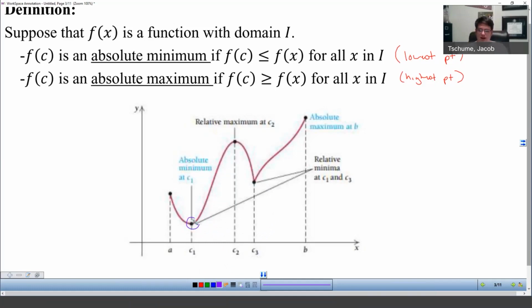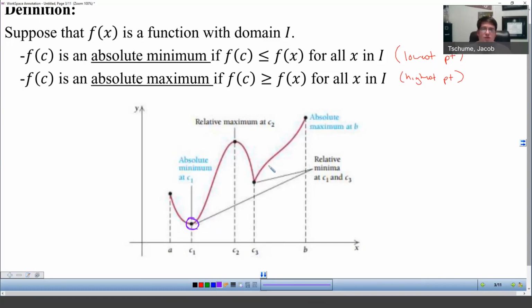If you look here at C1, you can tell without a doubt that this is the lowest point on the graph. And even though it does fall under the definition of relative min, because if you look at that point, you're going from decreasing to increasing, and we've always called that a relative min, since it is the lowest point on the graph, it's also called an absolute minimum.